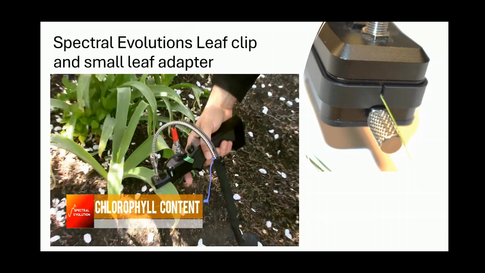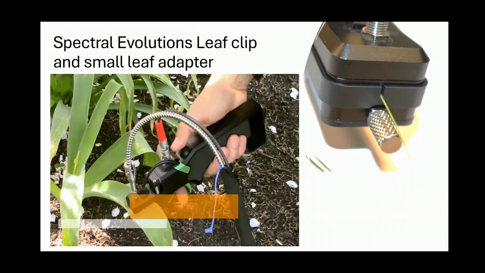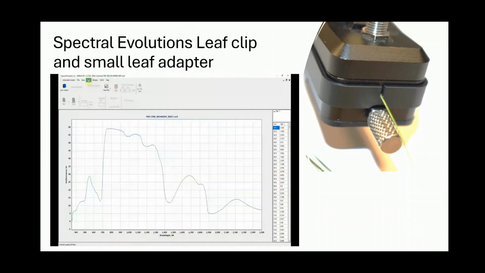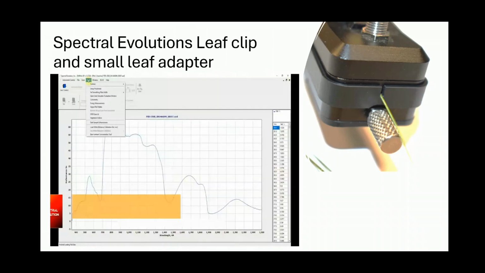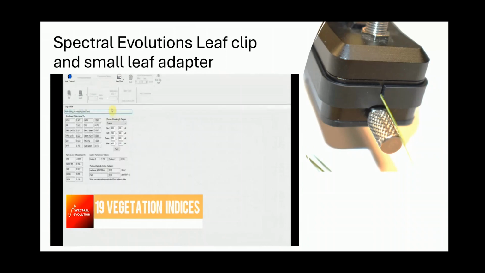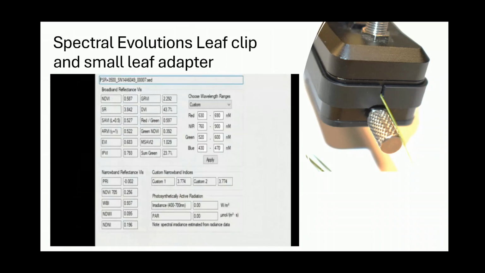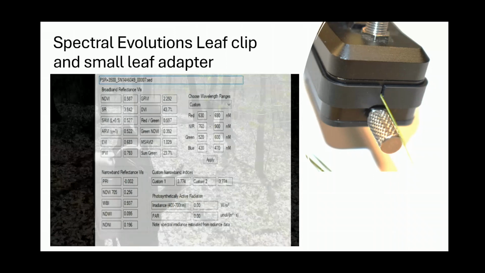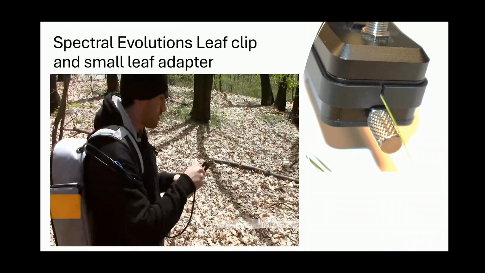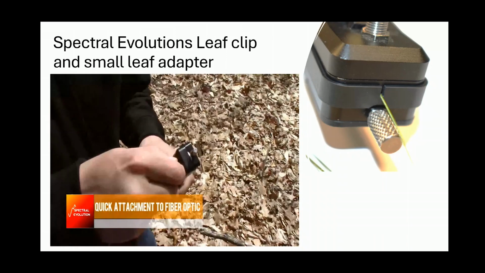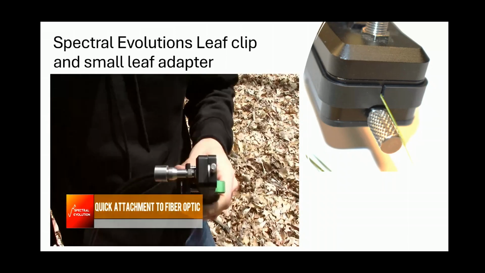On the right here, there's a picture of the pine needle adapter being used actively. There's a few more pictures of it later in the presentation. There's also functionality with some different vegetation indices like NDVI and NDWI for water content and chlorophyll content.